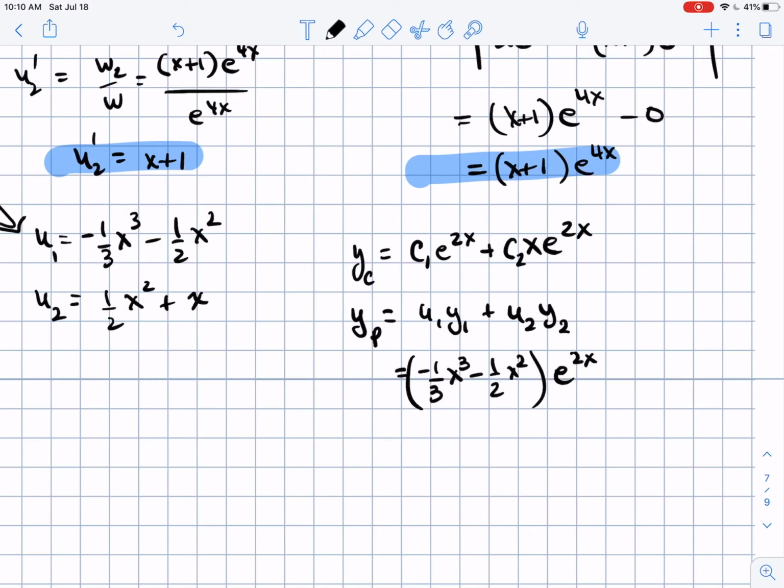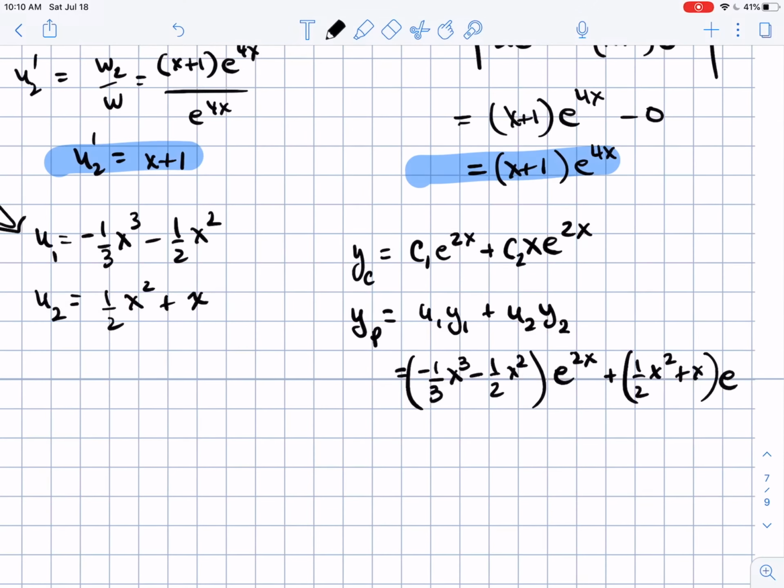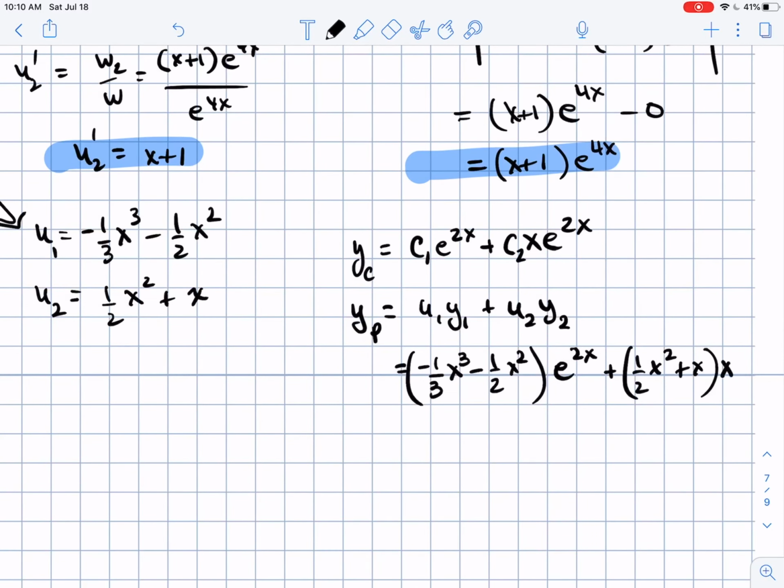And then plus u sub 2, which is 1/2 x squared plus x, and then I need another x, times x e to the 2x. Okay, and we could clean this up a bit.